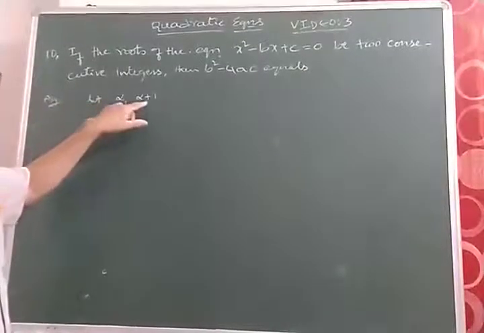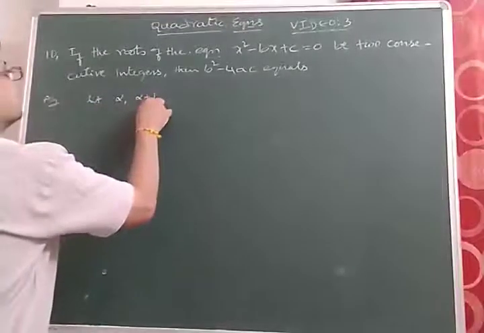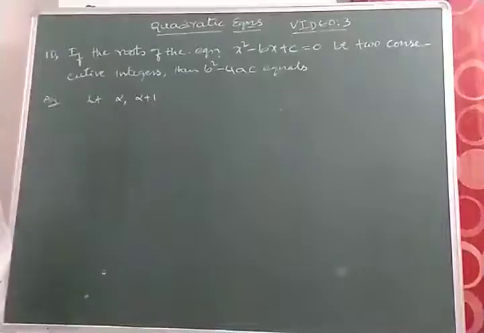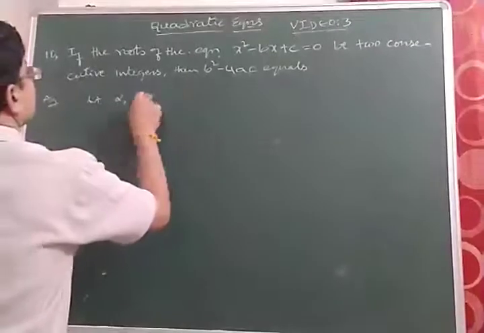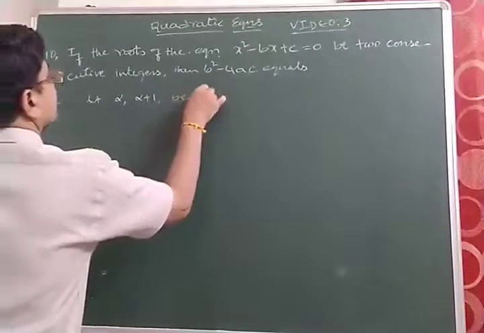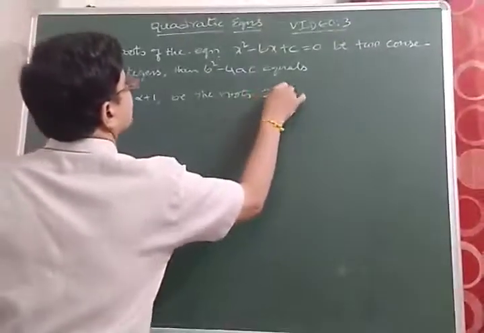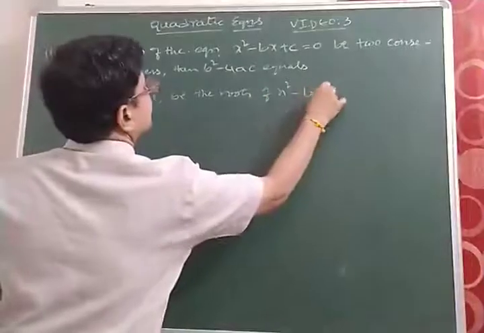Let alpha, alpha plus 1 be two consecutive natural numbers which are roots of x square minus bx plus c is equal to 0.